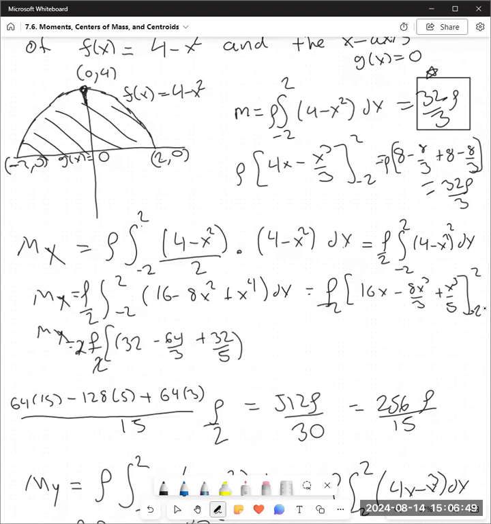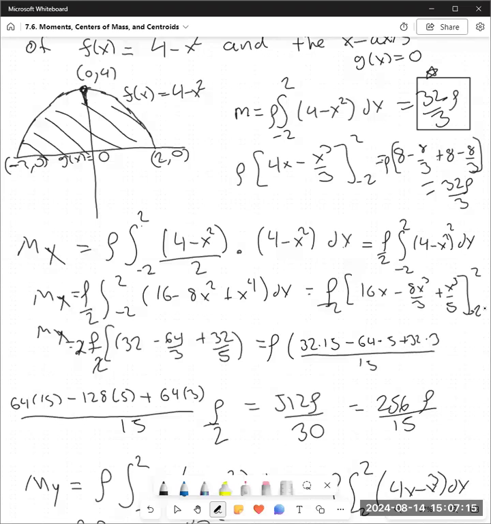So this is going to be rho times 32 times 15 minus 64 times 5 plus 32 times 3, over 15.